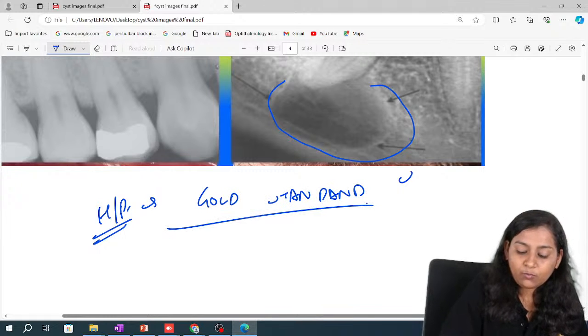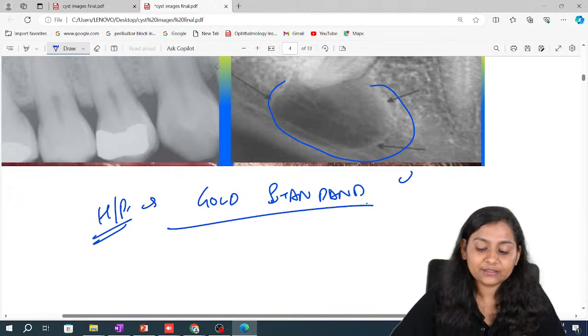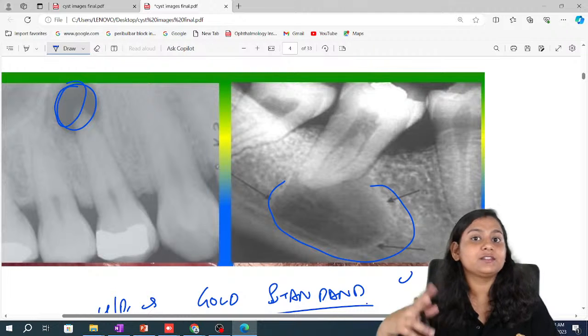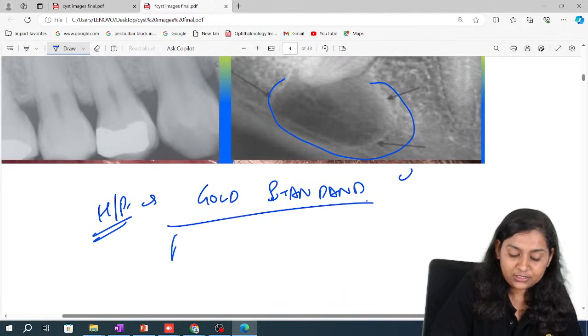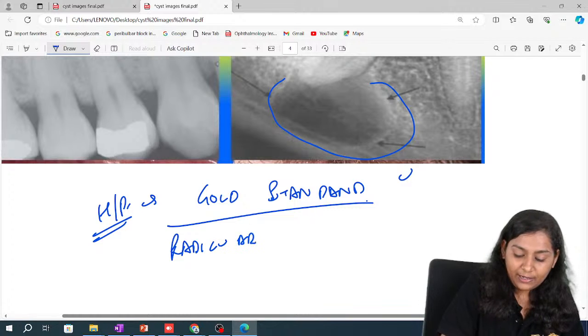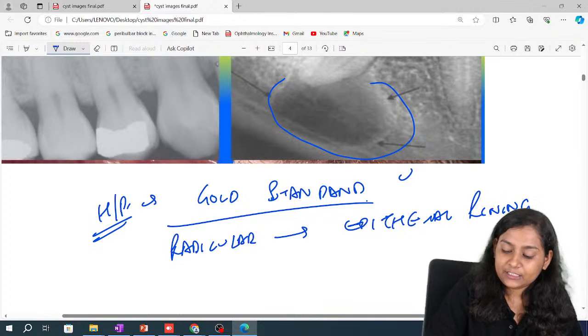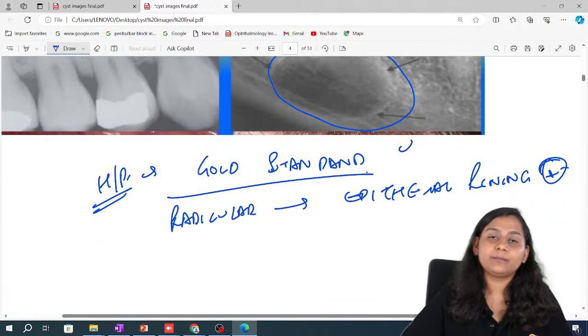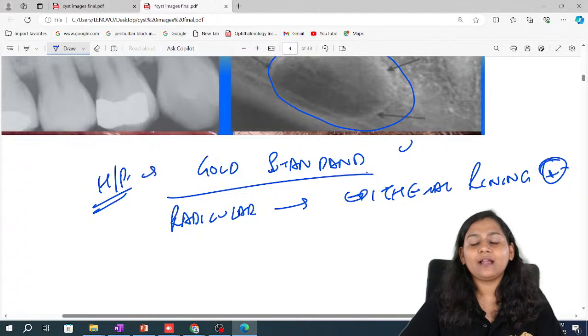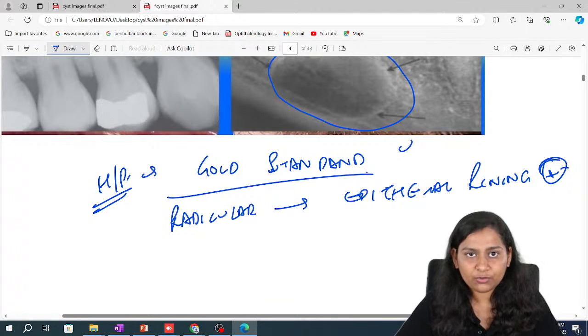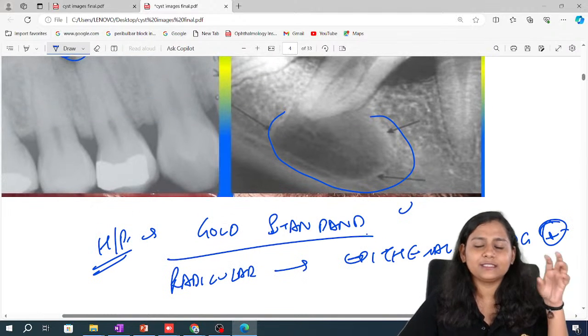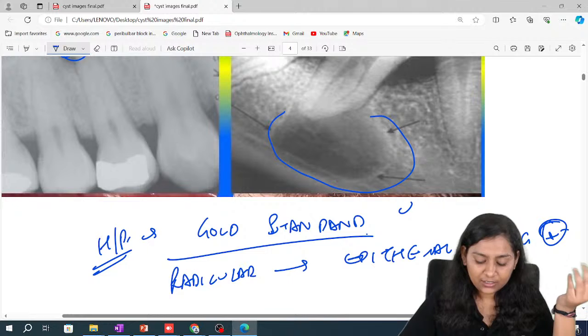Now tell me, what histological feature will we see in the radicular cyst which will not be seen in the granuloma? In a radicular cyst, there will be presence of epithelial lining, as it is a true cyst, while in granuloma there will be no epithelial lining. But if the question says based on the radiograph, we can say granulomas are smaller in size, while cysts are larger in size.